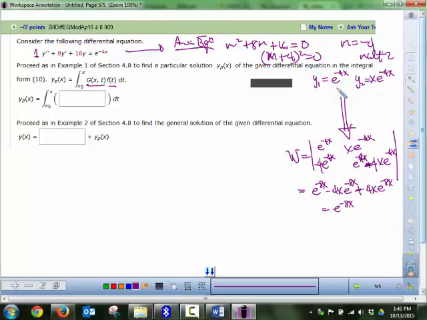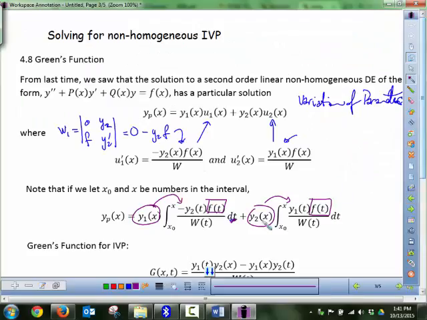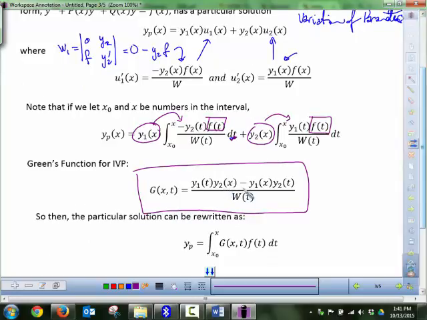Some are x, some are t's, and we need to figure out which one's which. I don't remember, so why don't we just take a peek? Nope, it's not there. It's the one before. This is our magic formula. So y1 with a t, y2 with an x for the first one, and then you switch. Okay?